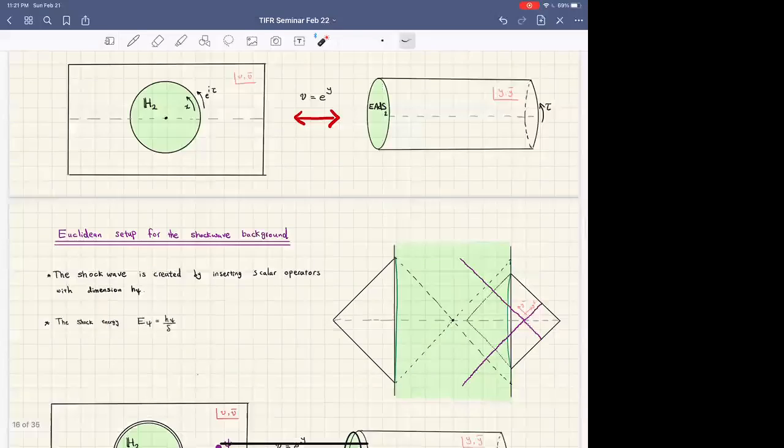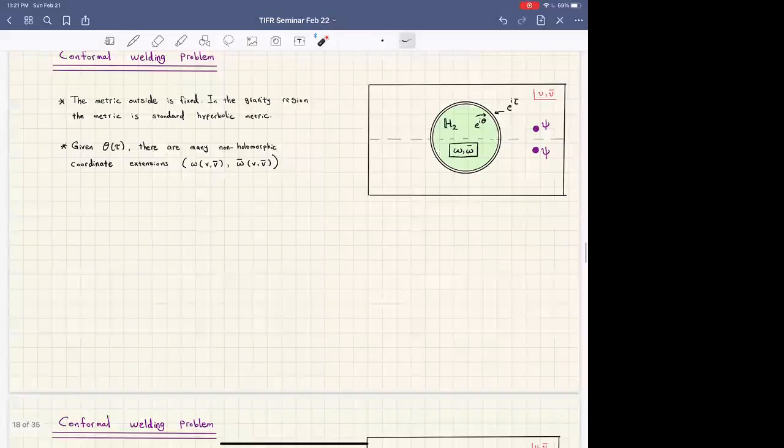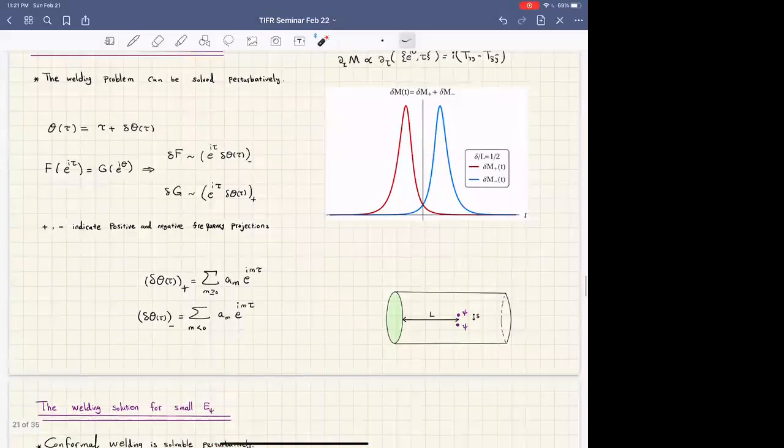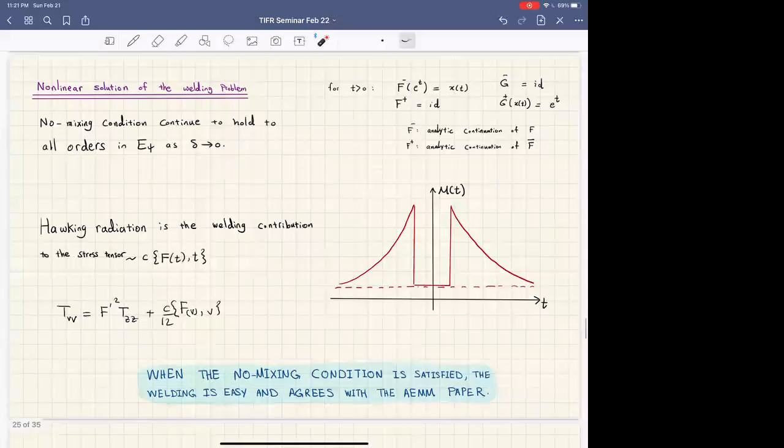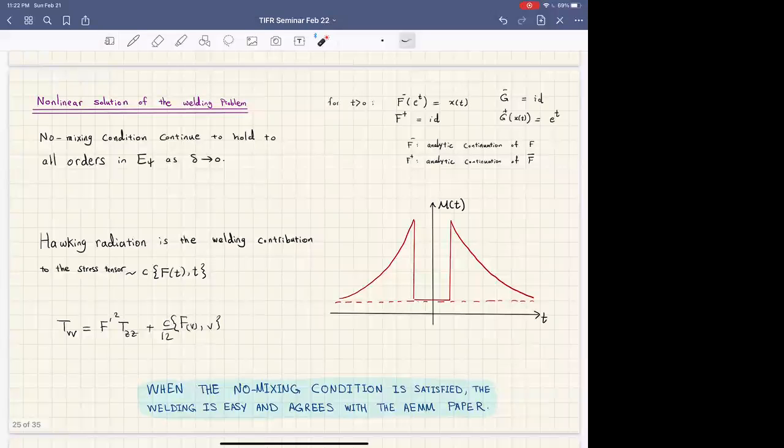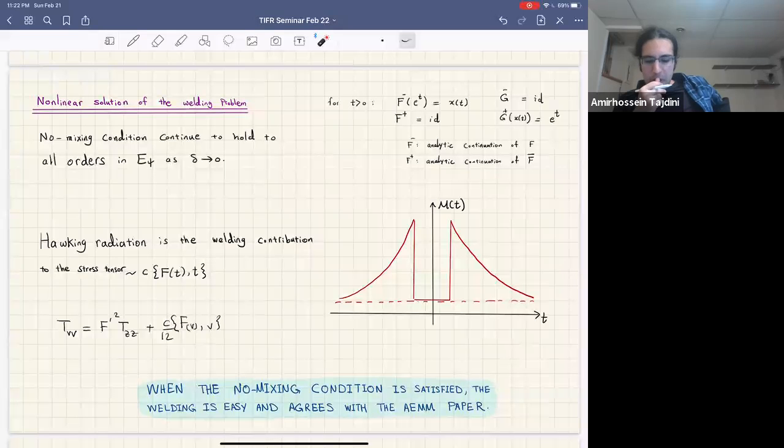And all of this you can do without saying anything about the constituents of the bath. I mean, whether it's a scalar field or whatever, you don't need to know the matter that constitutes the bath, right? Yeah, so the matter, we assumed it's a CFT to use this equation for the conformal anomaly.